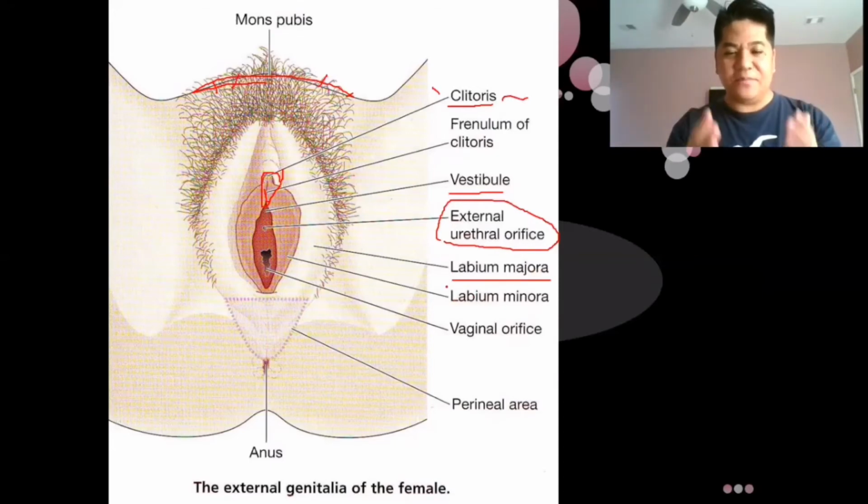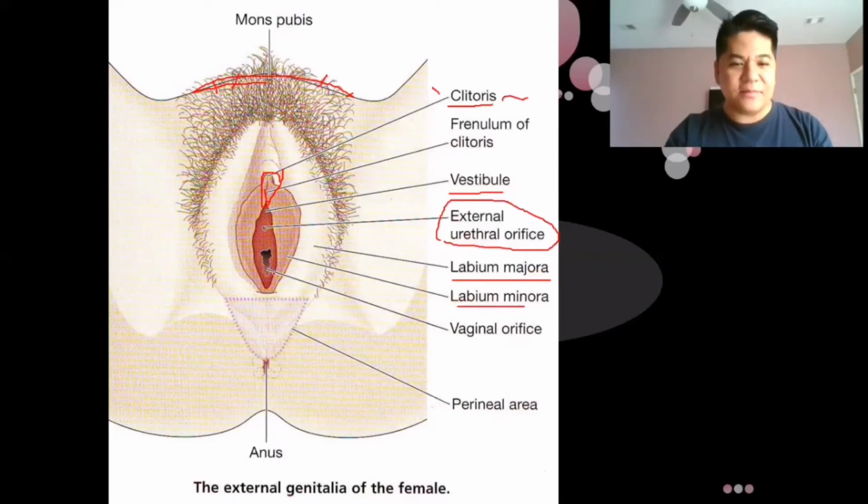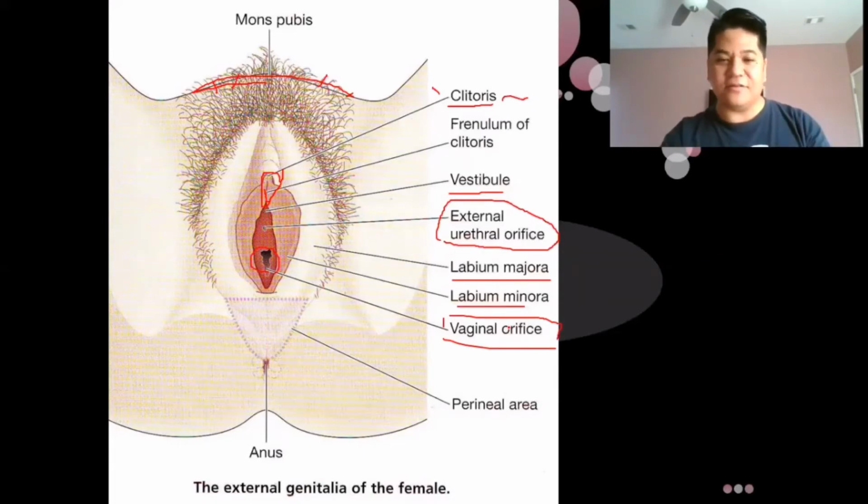It's like a small fluff of tissue that covers your vagina. And then the vaginal orifice, of course, is the opening where menstruation and the baby come out. So that is the opening of the female reproductive system.